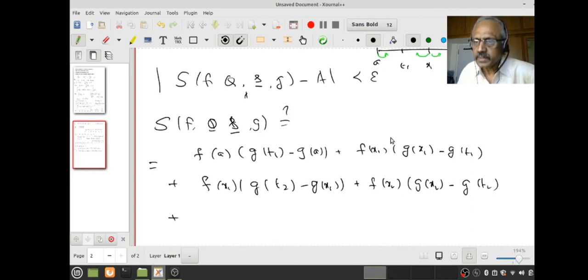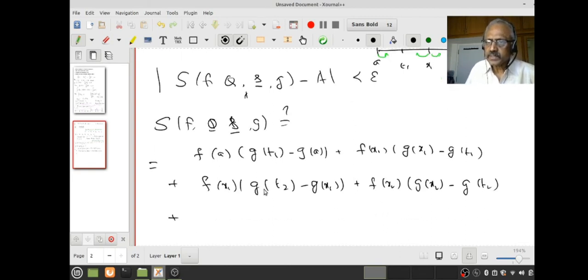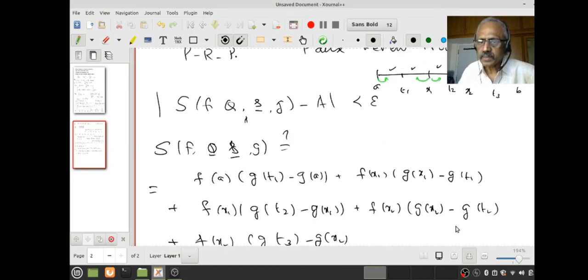Okay, are you following this? I have done 1, 2, 3, 4. Now I have to write the fifth one. What is the tag there? Again f of X2 into G of T3 minus G of X2. Am I correct for this? Okay, and what is the last one? That is f of B into G of B minus G of T3.